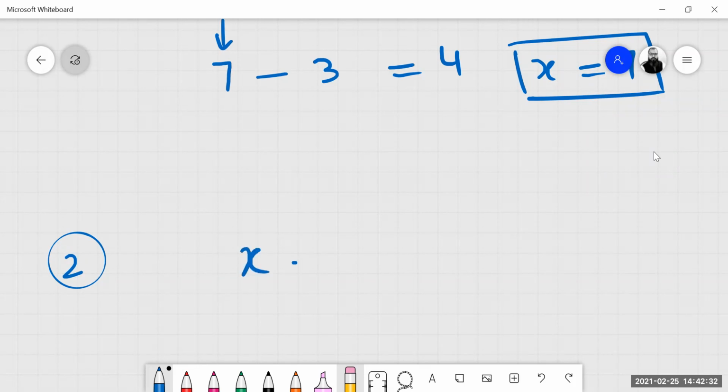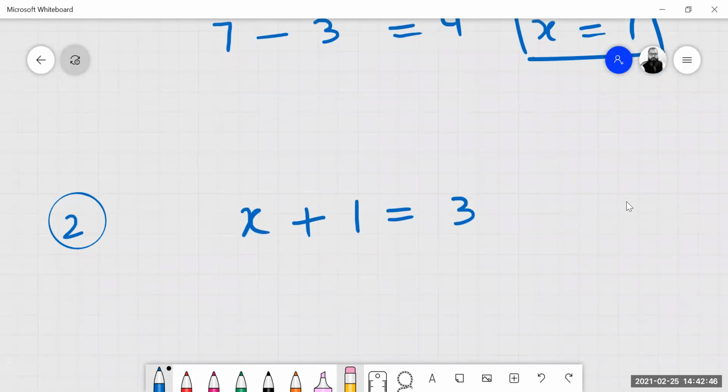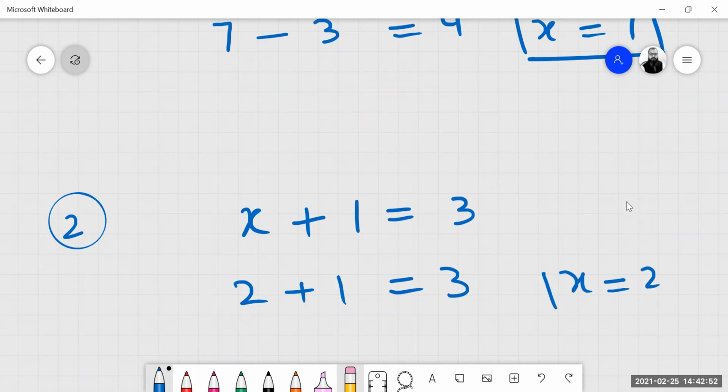I think of a number, for example x, add 1 means plus 1, and the result is 3. So x can be 2. X equals 2. This is so easy, but first we didn't understand.